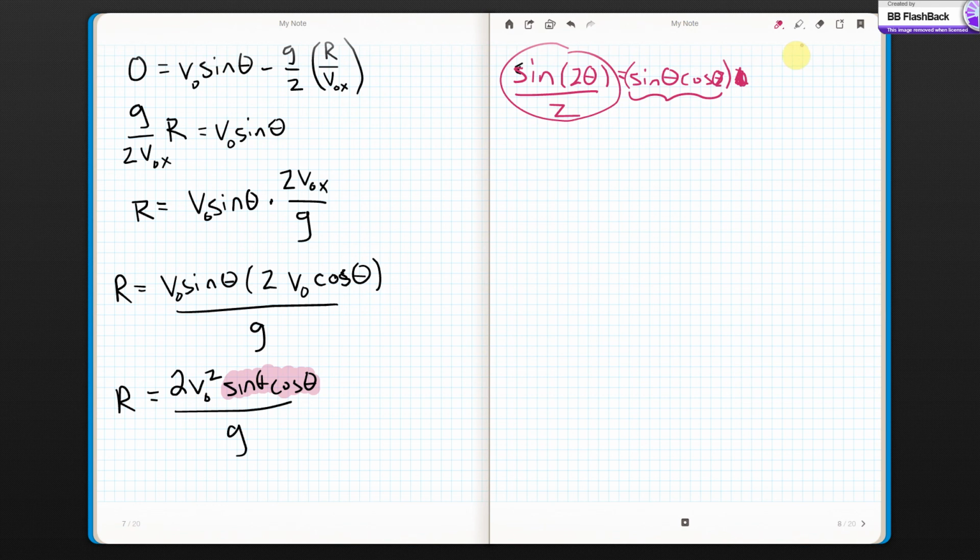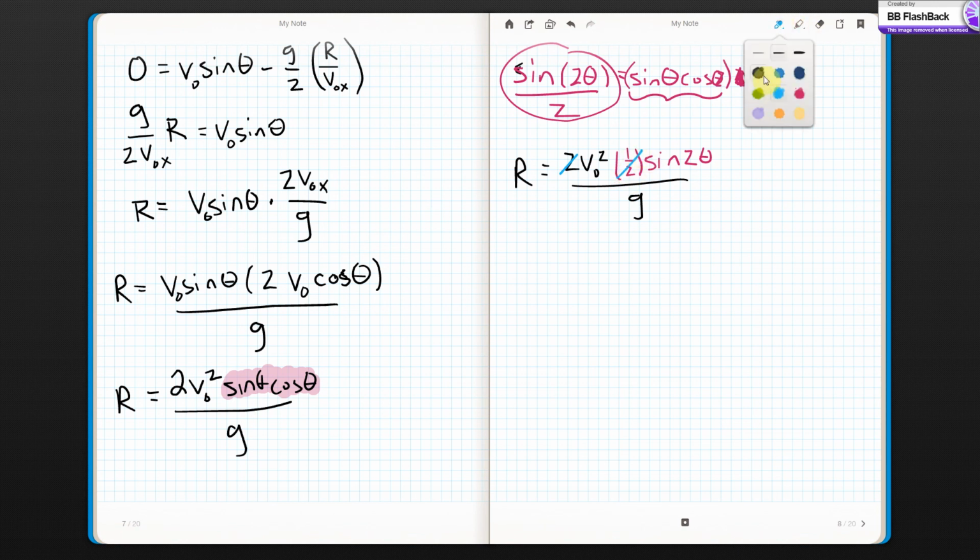That gives me r equals 2 v naught squared times 1/2 sine of 2 theta, and we're still over g. Notice the 2 and the 1/2 go away.